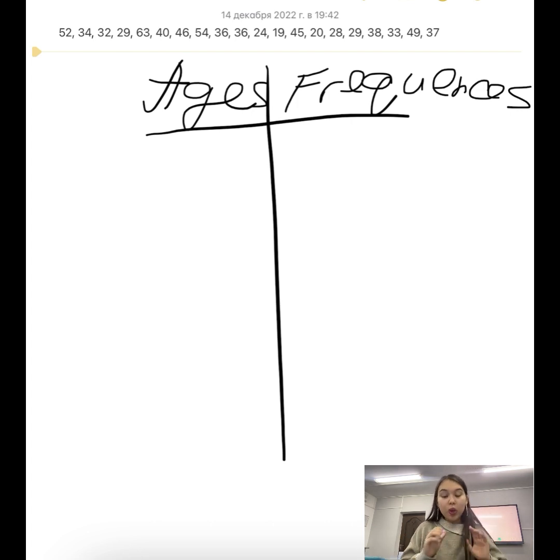When we are writing the intervals, we have to create some standard. For example, from 19 to 29, from 29 to 39.